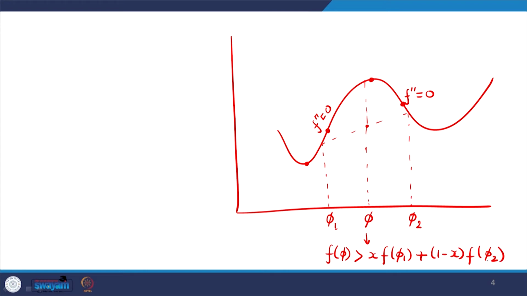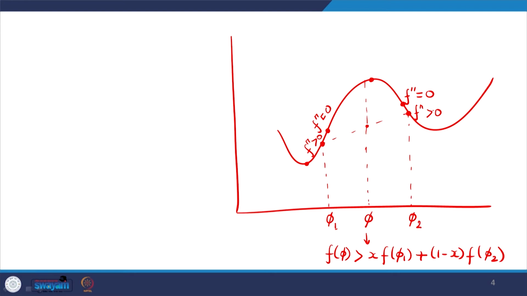So, even if that is true, at both of these points, the f double prime is actually higher than 0, because we are past the point where f double prime is equal to 0.